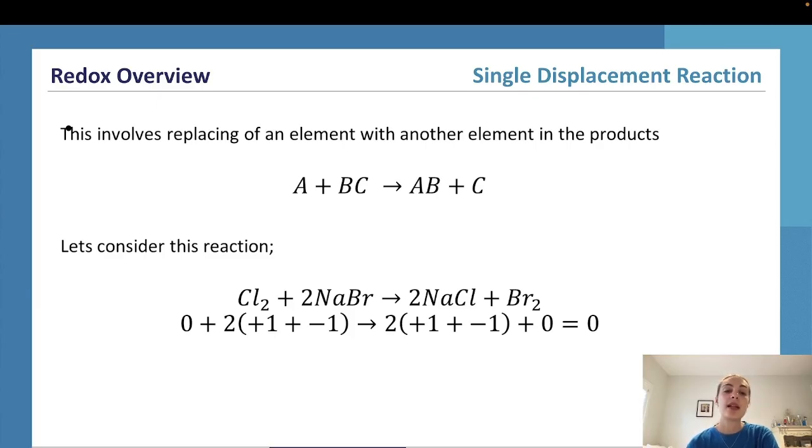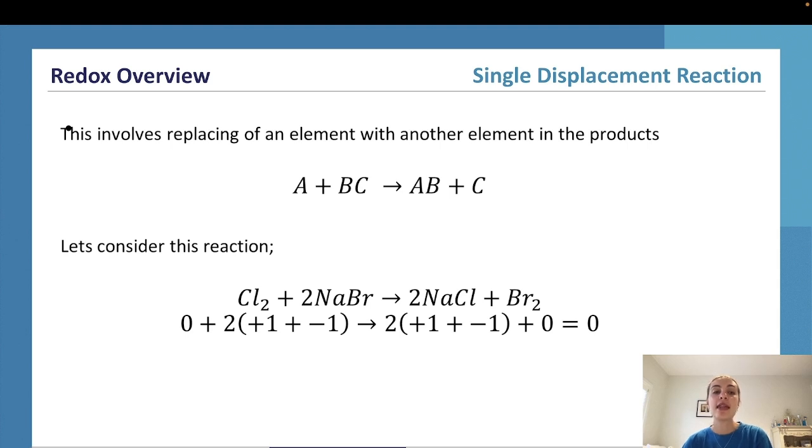So we could consider if we have A plus BC, we do a swap over and we end up with AB plus C. A really good example that we've got here is Cl2, so that's chlorine gas, plus 2 NaBr, so 2 sodium bromides, and then we've had a single displacement reaction which has resulted in the formation of 2 sodium chloride, or NaCl, molecules and bromine gas, or Br2.